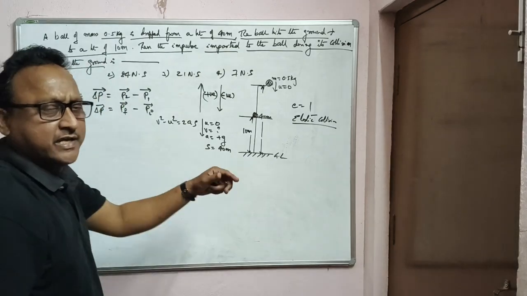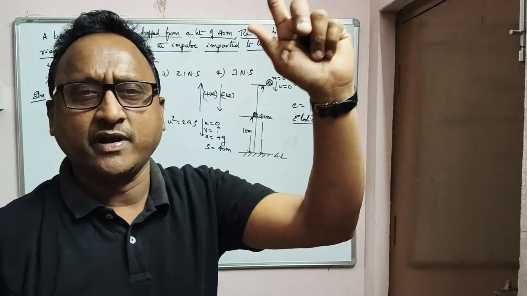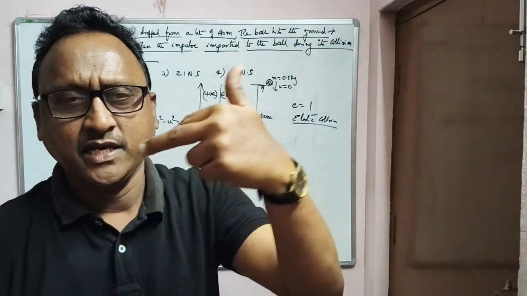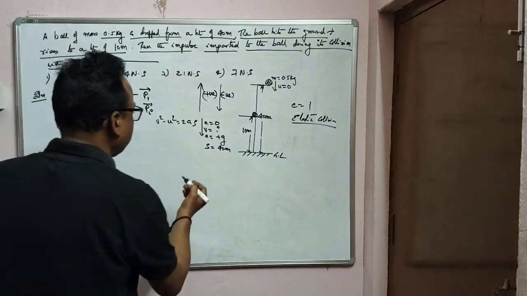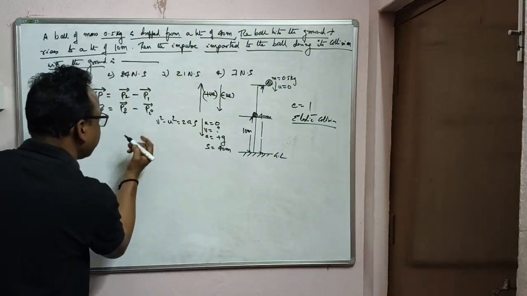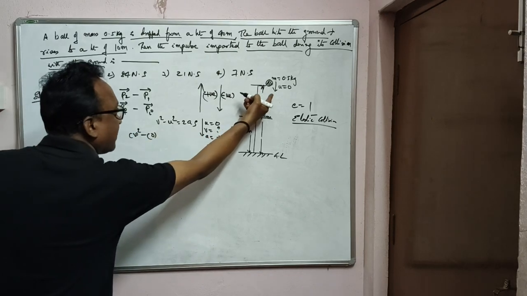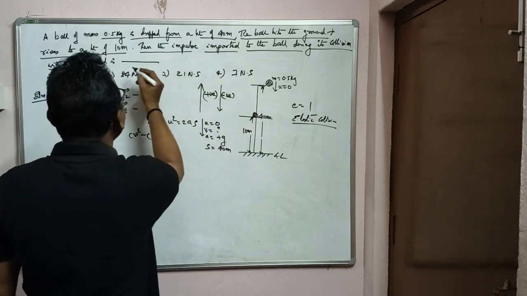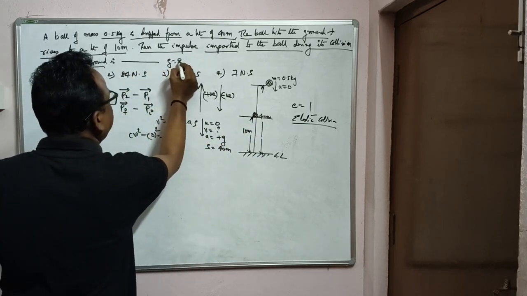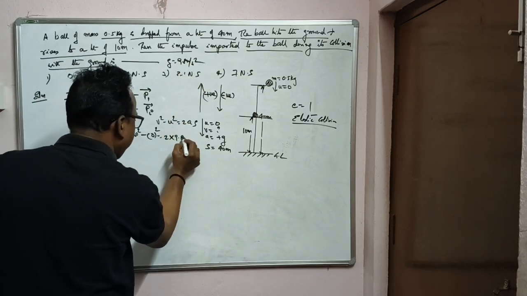There is no strict thumb rule for the sign convention; you can change it. If you take one direction plus, the other direction is minus. It is up to you. So for downward motion, v square minus 0 square equals 2g into 40, and g is taken as 9.8 meter per second square.